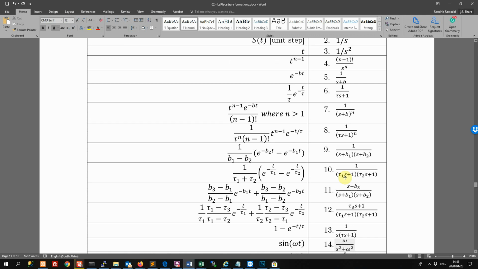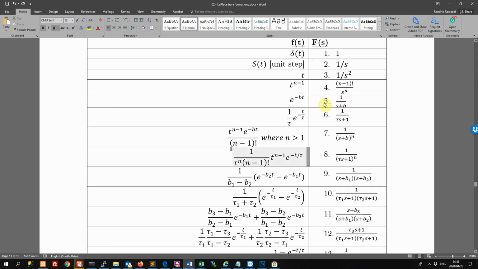Let's go to the simple case here. We can regard this value as giving us a pole, right? When s is minus b, then we have a zero in the denominator. And so that's why we call this a pole: s equals minus b is a pole. It's a region where this function goes off to infinity. So that factor of minus b is appearing here as a time constant in the time domain.